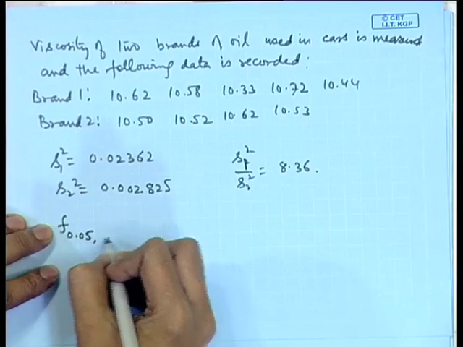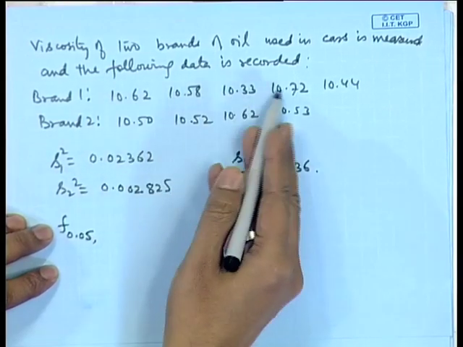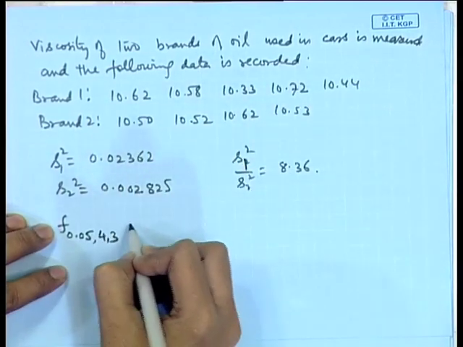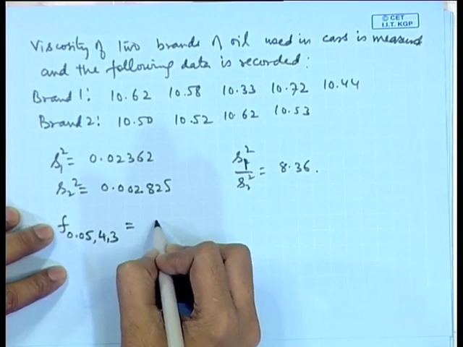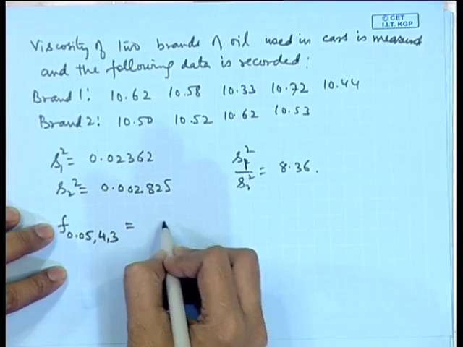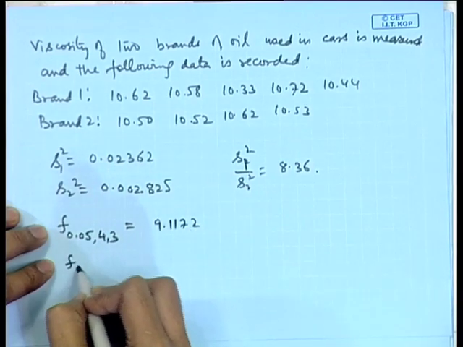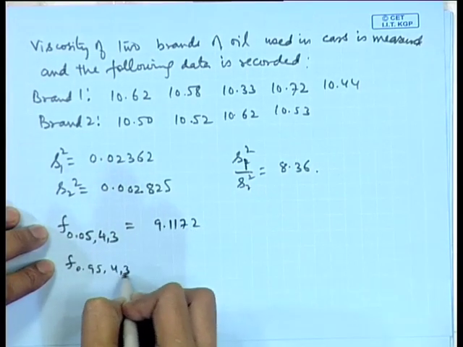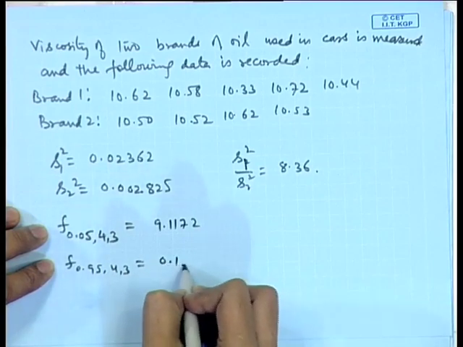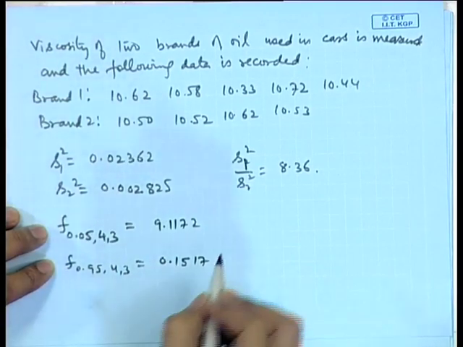So, if we look at the F value at 0.05, say 1, 2, 3, 4, 5. So, 3 degrees of freedom, that is equal to 9.1172, and F value 0.9543, that is equal to 0.1517.